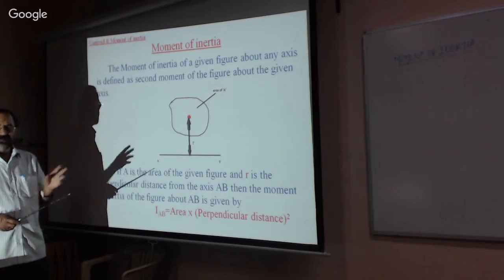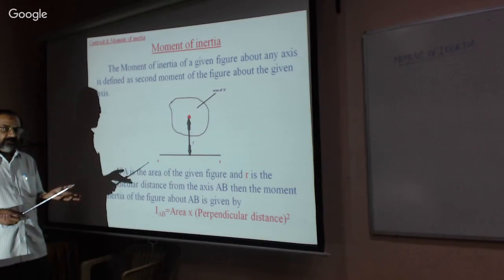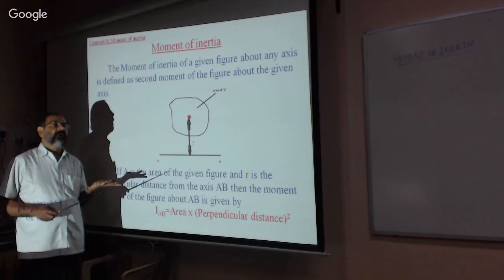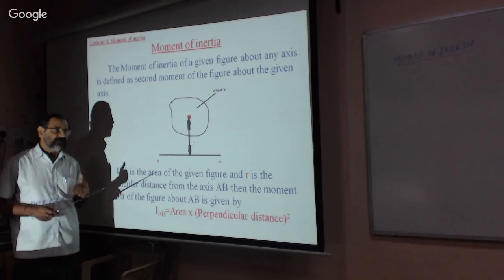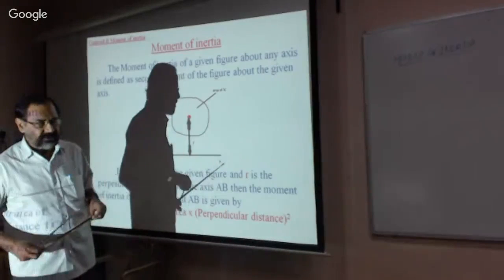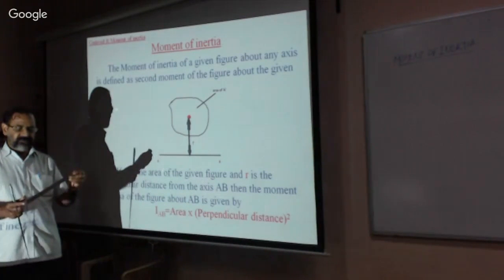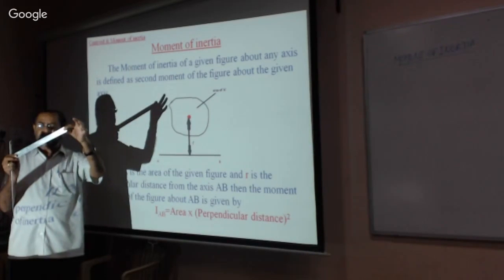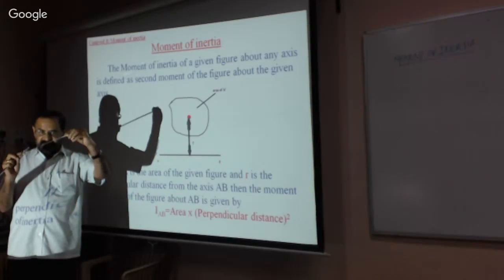The shape, for example, if you go to old houses, tile roof houses, we can see the rafters below the tile roof. You can observe that the beams are placed like this. They have not placed the rafter like this.